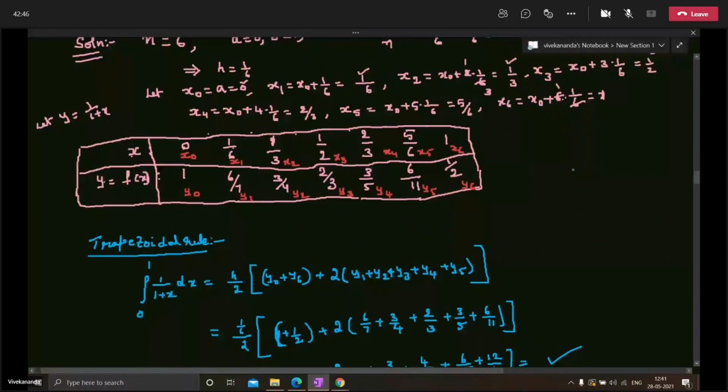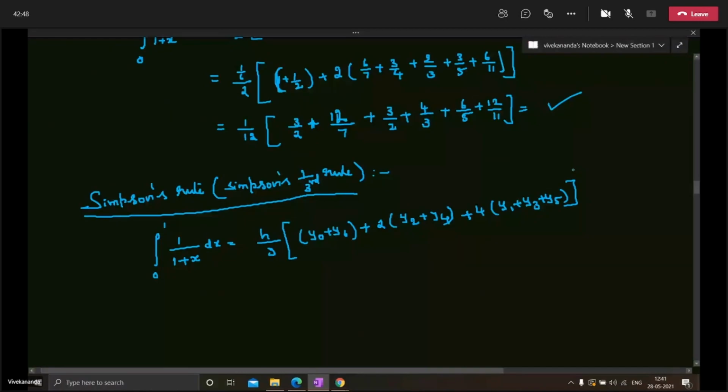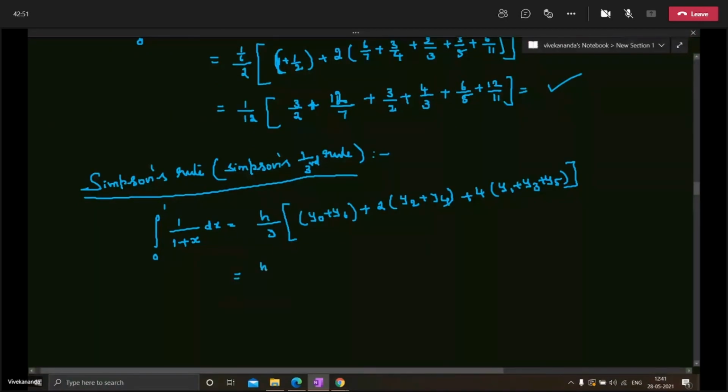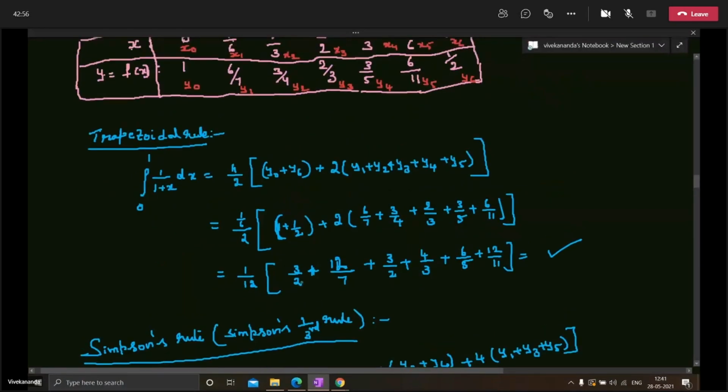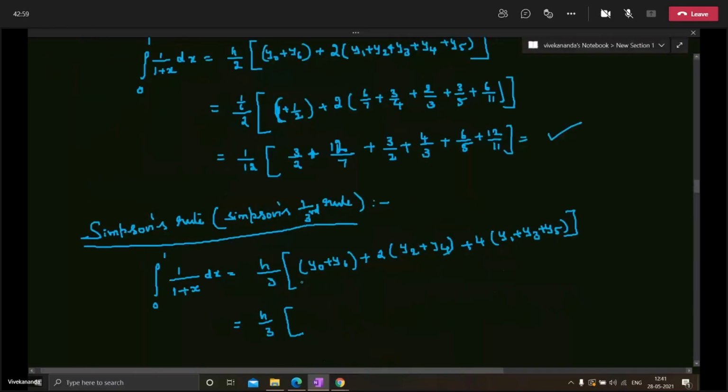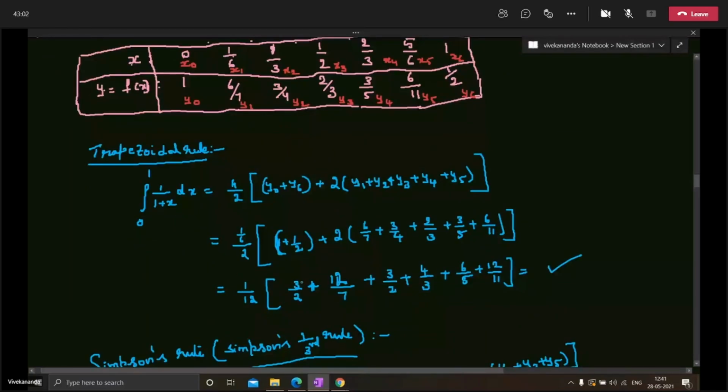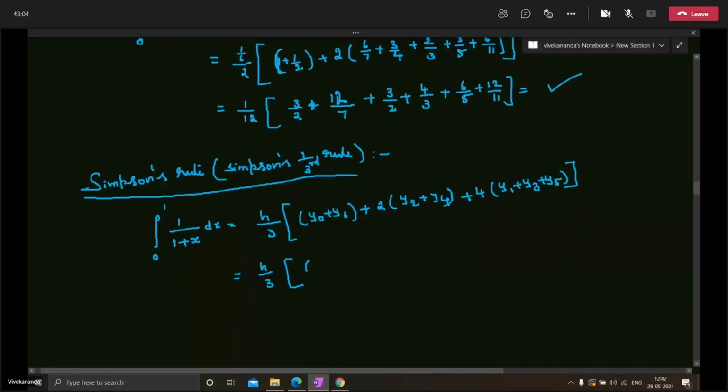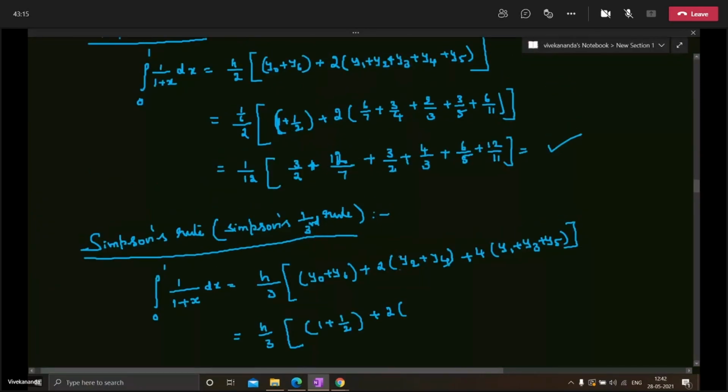Now this is equal to h by 3 into y naught. Tell me y naught. y naught is 1, y6 is 1/2, plus 2 into y2. y2 is how much? 3/4. y4 is how much? 3/5.